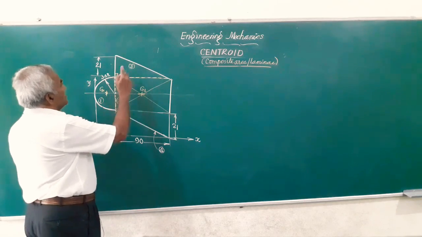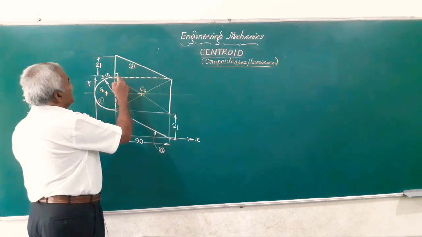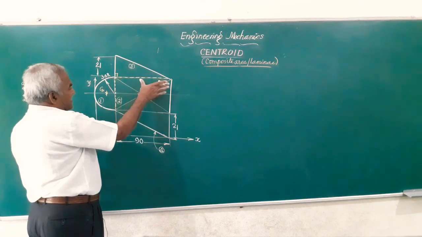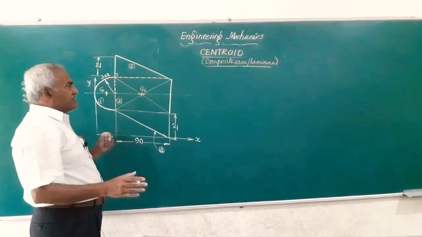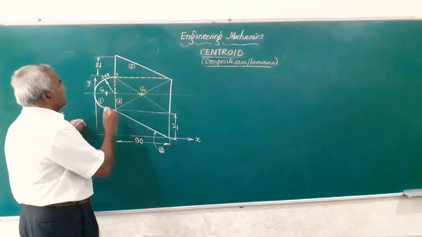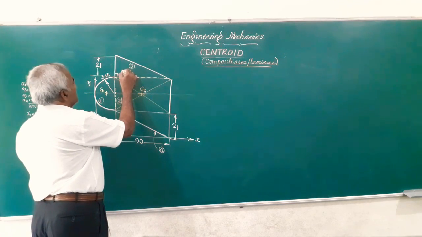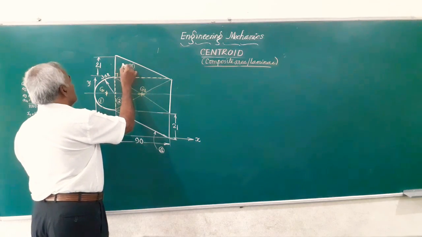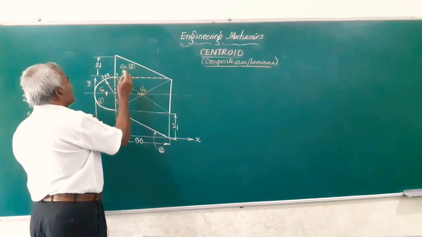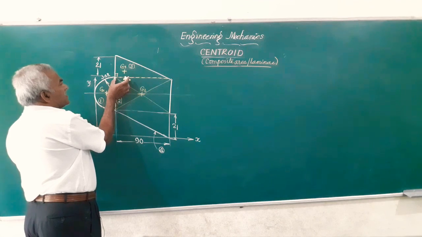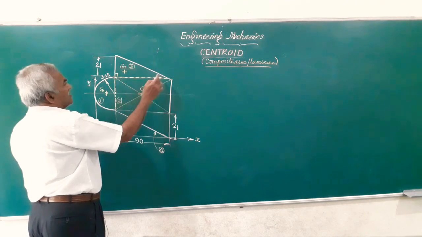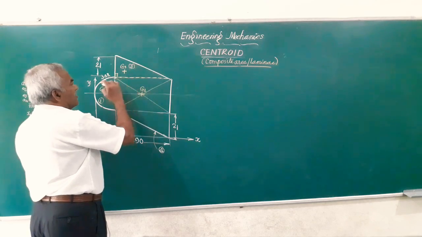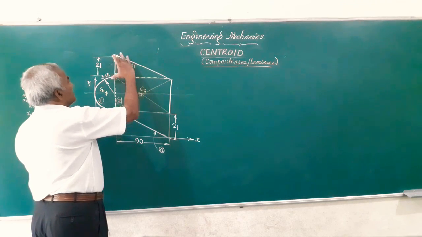Similarly, coming to figure number 3, it's a right angle triangle. It has a base of 21 and height 90. You know the centroid of this lies here. I call that G3, and that will be at a distance of 1/3 the height from here or 2/3 the height from here. Or if you take from the horizontal, it is 1/3 of this height.